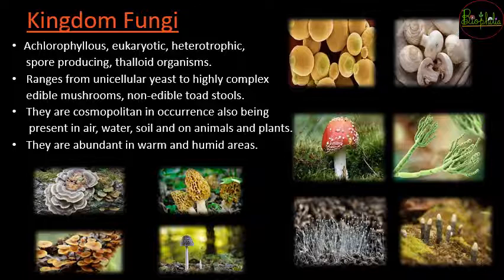तो first of all जो kingdom है वहाँ के members जो होते हैं they are going to be Achlorophyllous. That means they are not going to have any sort of chlorophyll pigment in them. They are going to have a eukaryotic type of cell and they are heterotrophic as they do not have chlorophyll, तो वो अपना खुद का खाना नहीं प्रोड्यूस कर सकते हैं, so they have to depend on some other type of food source, so they are heterotrophic.